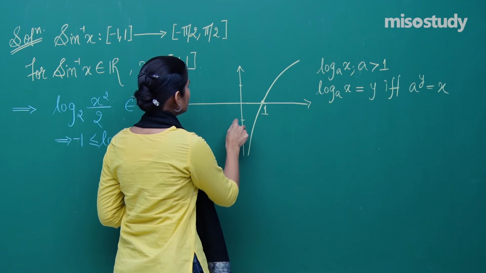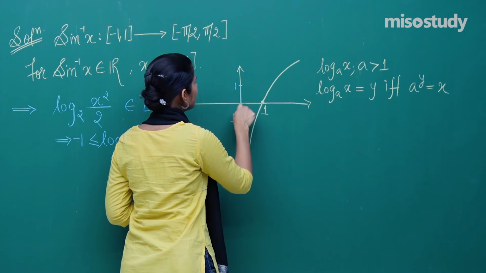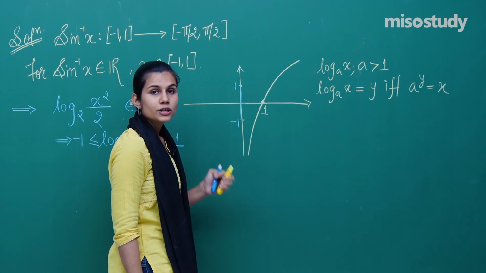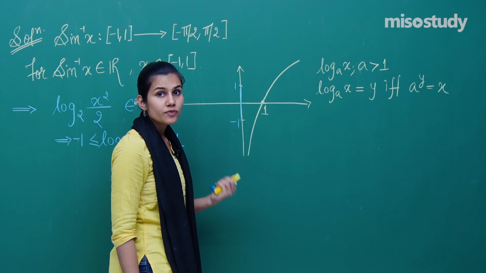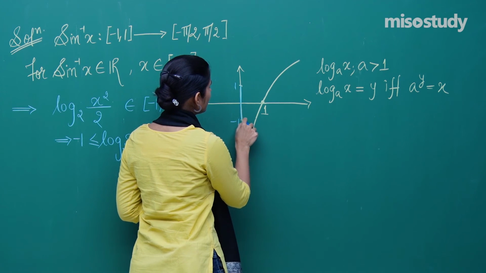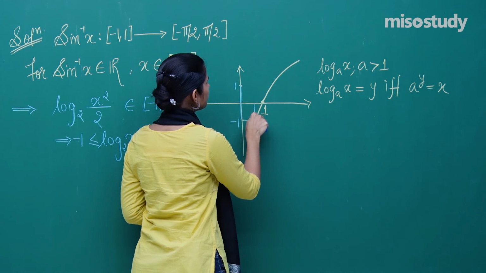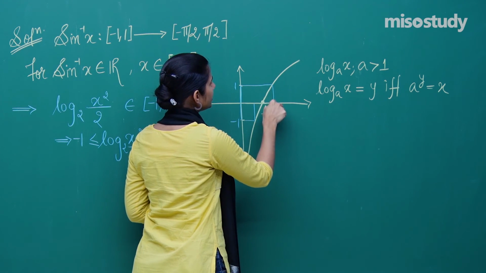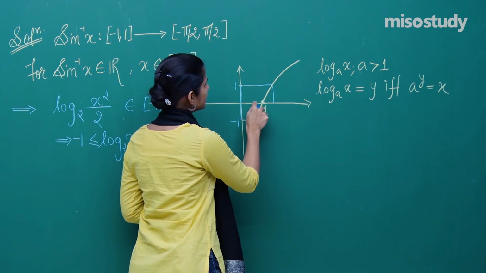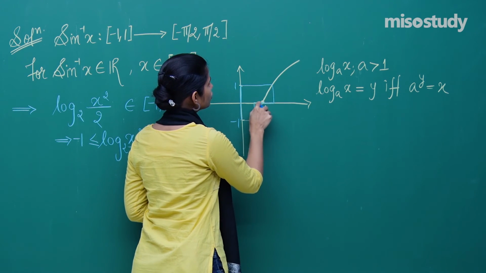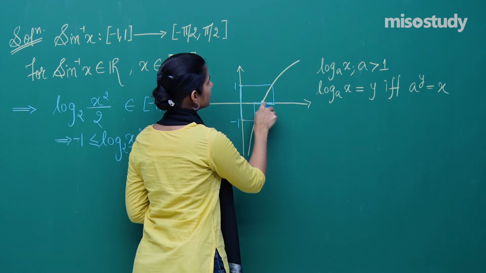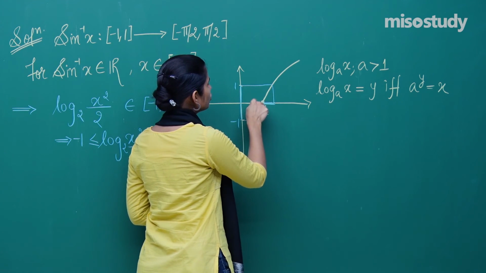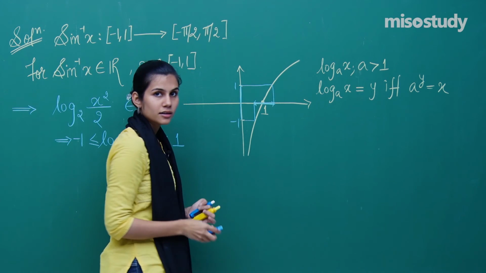My log values are between minus 1, 1 means here only, when the domain points are from where to where is what I have to see. Well, they will be from here to here, this portion. For my log x to be from minus 1 to 1, my x should be from here to here.